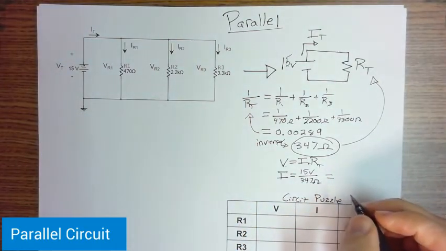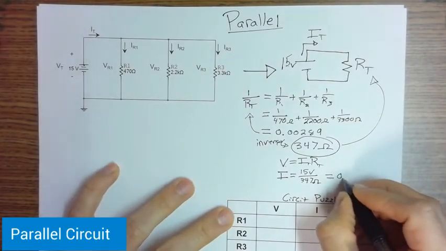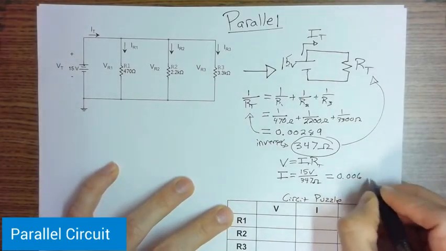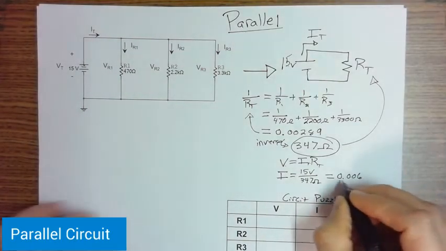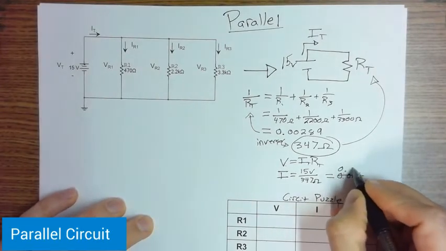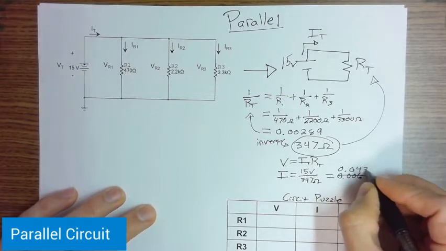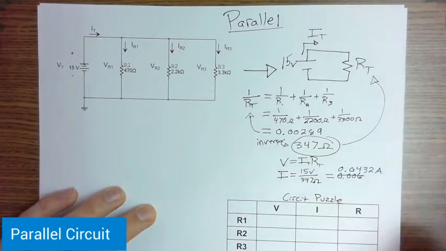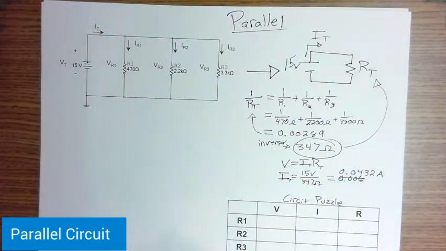And when we get this one done, we should get 0.0432 amps. So that's the total current.